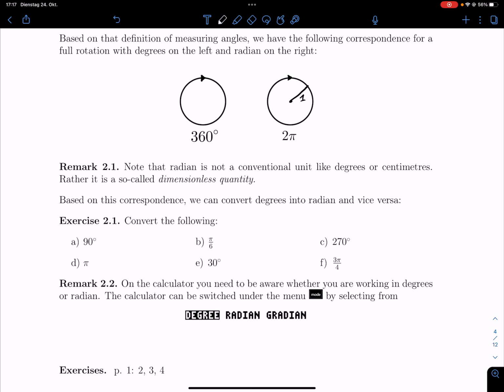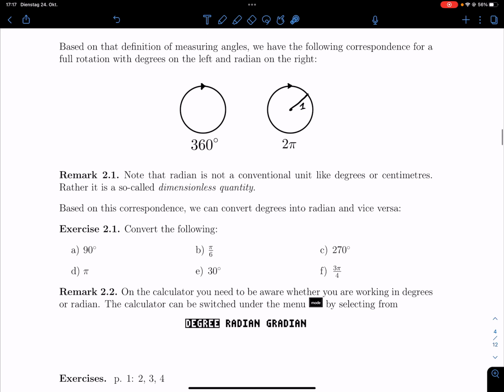So imagine you're sitting here at the center, and then you turn by, let's say, this much. Then you have another radius of 1 here, and then you just measure, okay, what fraction of 2 pi is that? You could, of course, take another radius than 1. You could also take 5 and so forth.